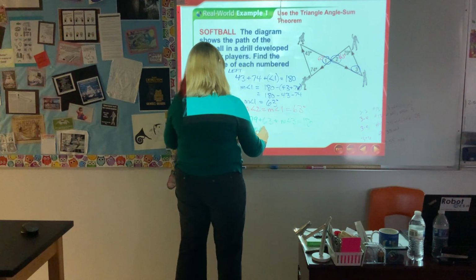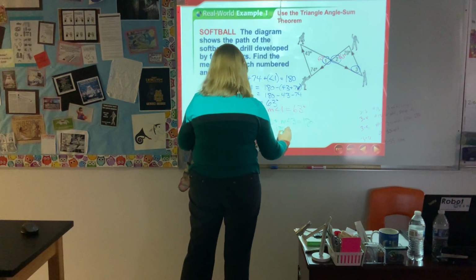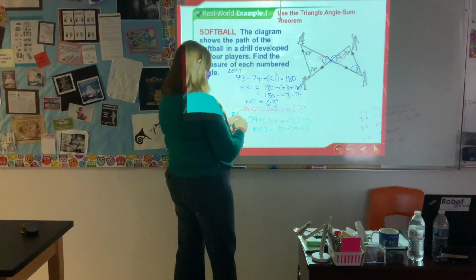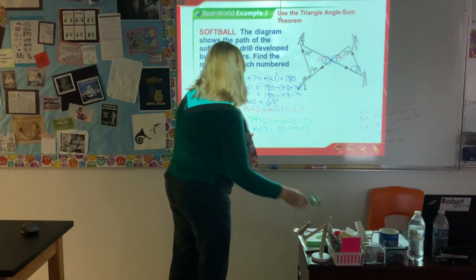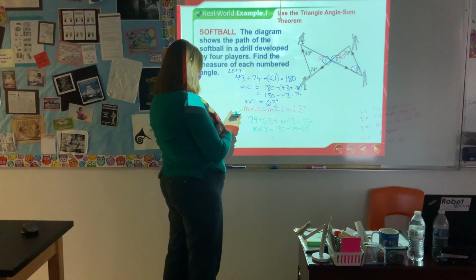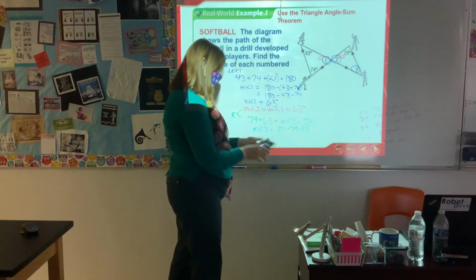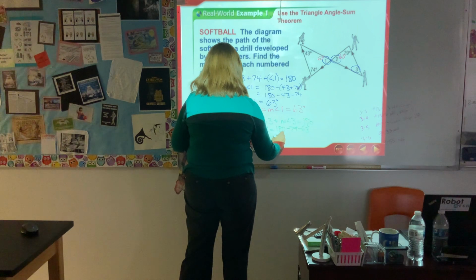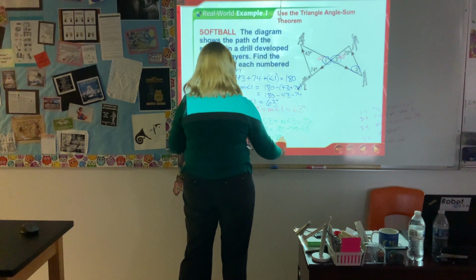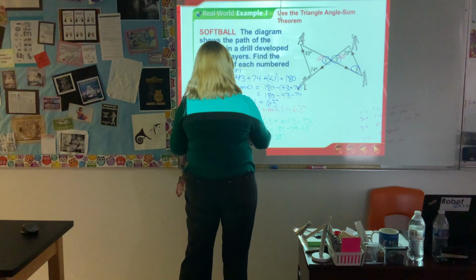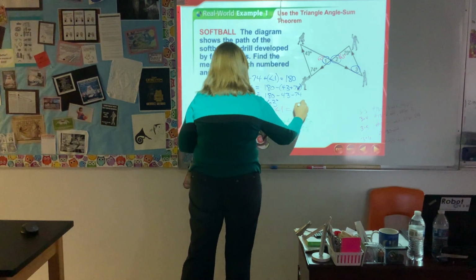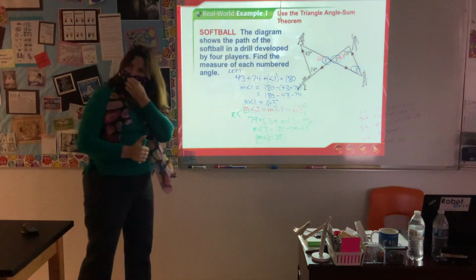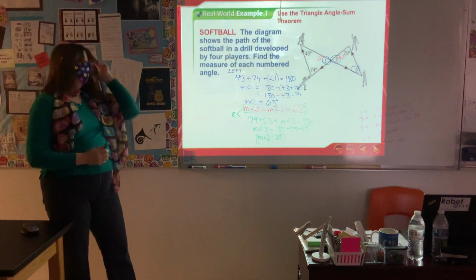So the measure of angle 3 is 180 subtract 79 subtract 63, and I'm left with the measure of angle 3 equals 38. So now I have all 3 angles. Was that really hard to do? No, it really wasn't at all.